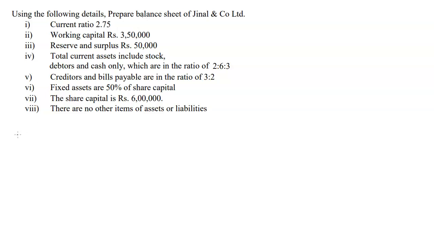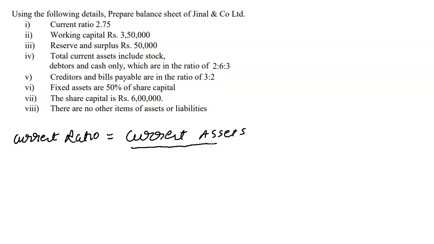So we have current ratio, which is equal to current assets upon current liabilities, and we've been told that value is 2.75.